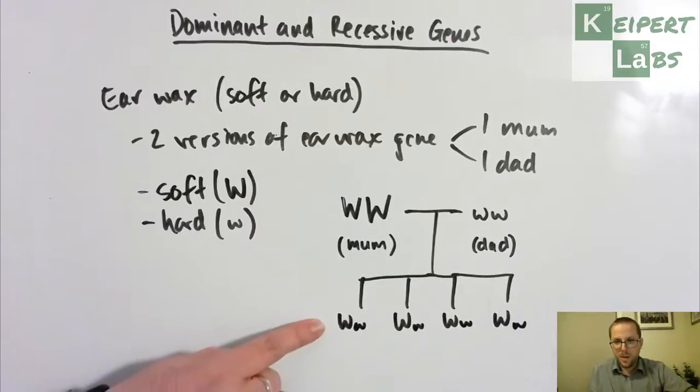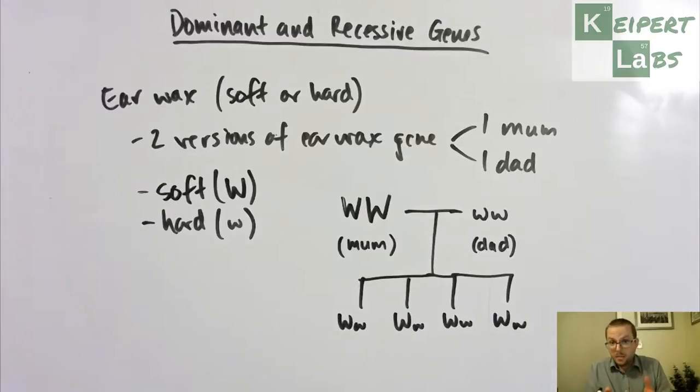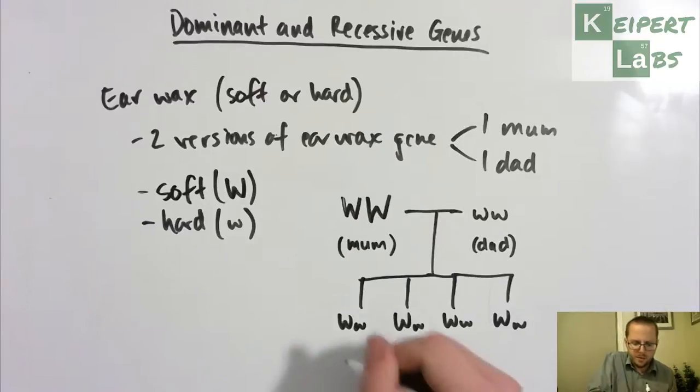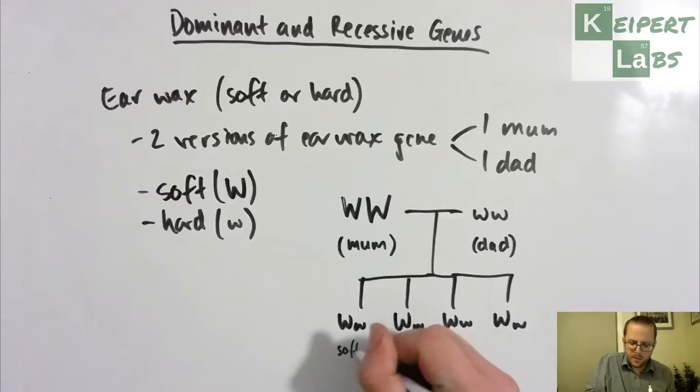Now there are a couple of things that could happen here. You could have medium earwax, thinking through some of the possibilities, or maybe in some kids it's soft and some kids it's hard. But what we have in each of these situations is that every one of these children would have soft earwax.